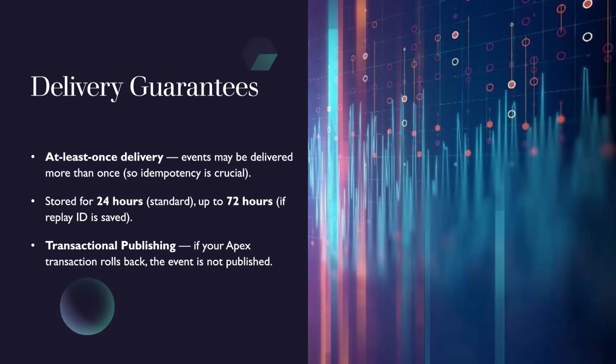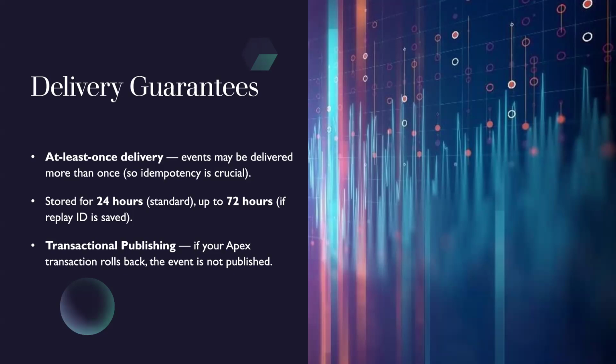Next, let's understand the delivery guarantees. It supports at-least-once delivery, so events may be delivered more than once. So we need to take care of idempotency. What I mean to say is, let's say Salesforce fired an event and it was subscribed to by an external system and it took action against that particular event.